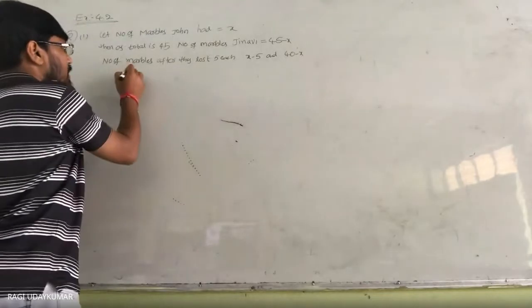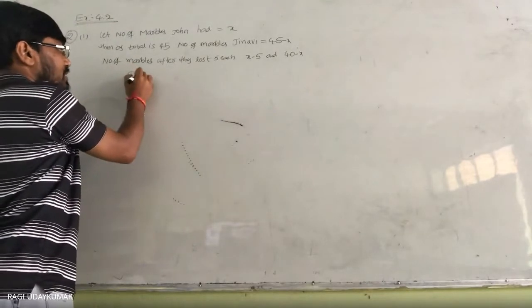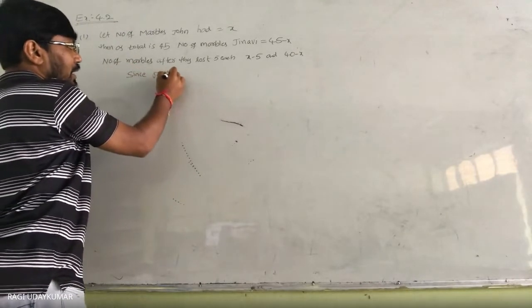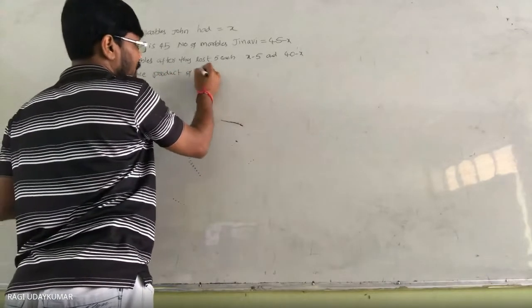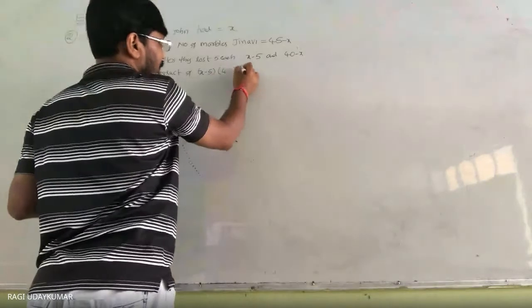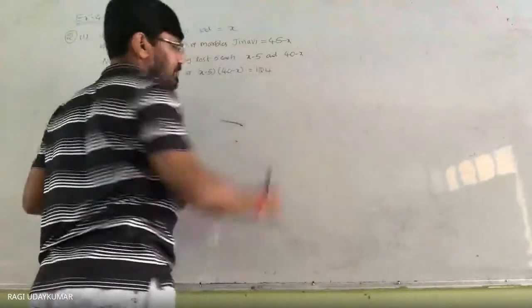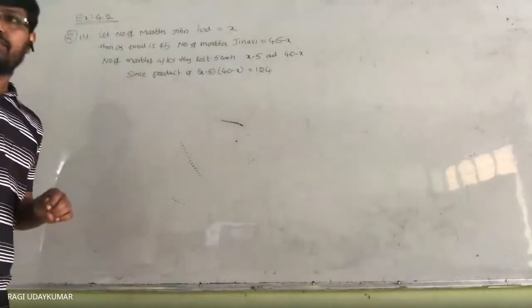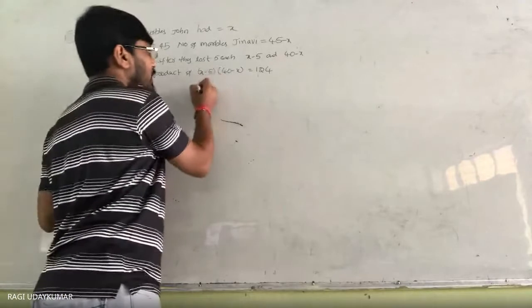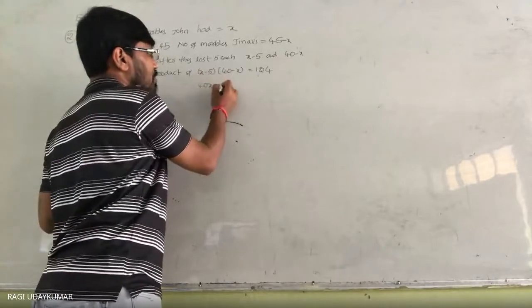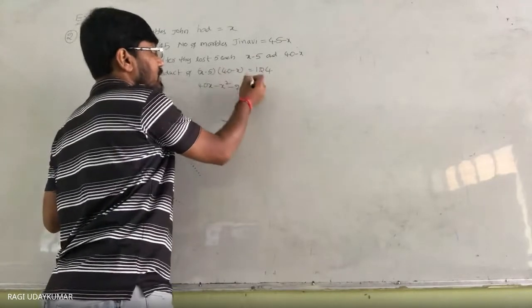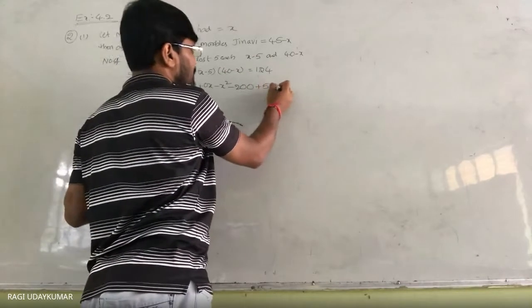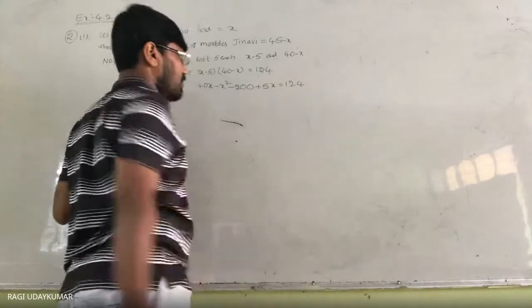Since the product is given to you, the product of x minus 5 and 40 minus x is equal to 124. So this you have to simplify. What do you get here? 40x minus x square minus 200 plus 5x is equal to 124.